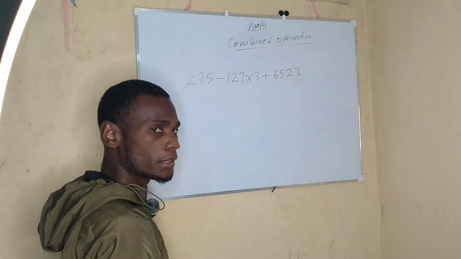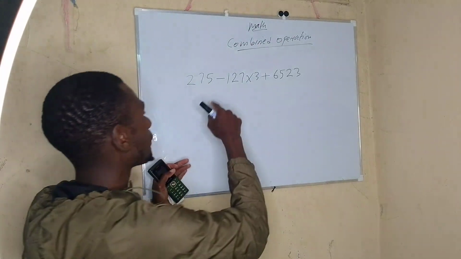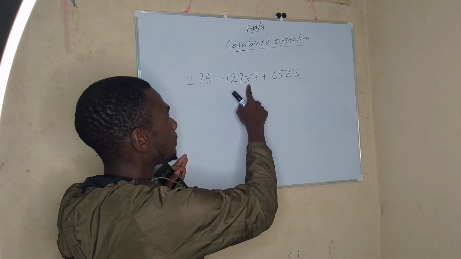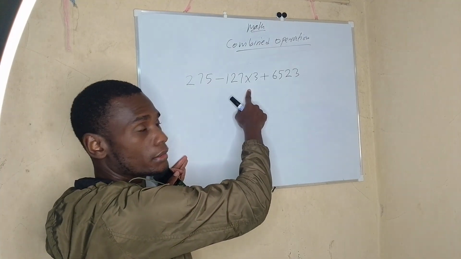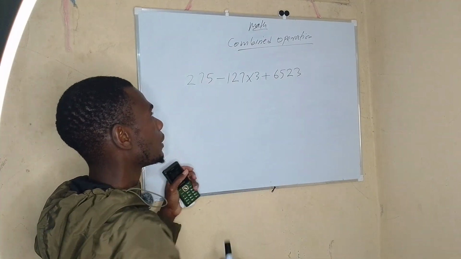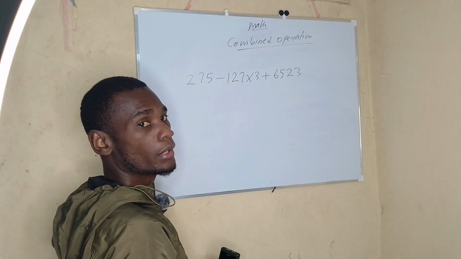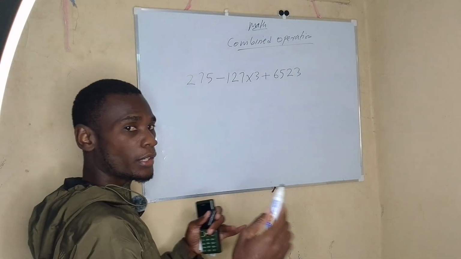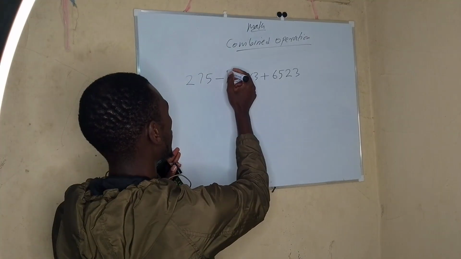Using BODMAS, the order of operation, multiplication comes first according to the three operations. M comes before A and S. So once you identify the operation, put it in bracket and work out.